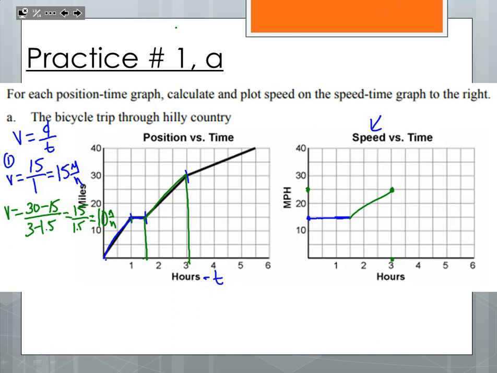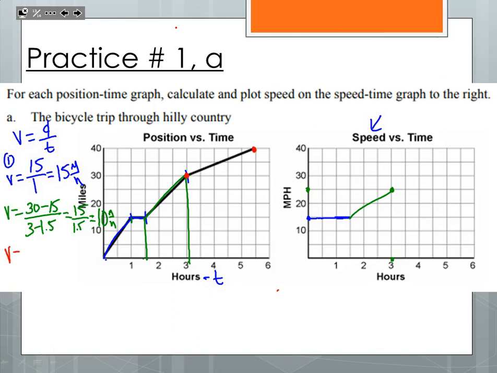Okay? So now the next one says that at 3 hours, it appears that he increased within to 5.5 hours in from 30 to 40.